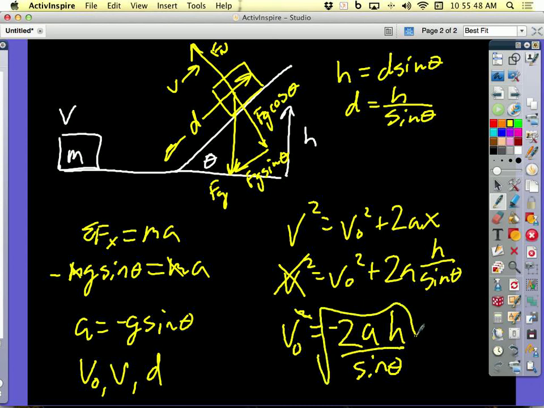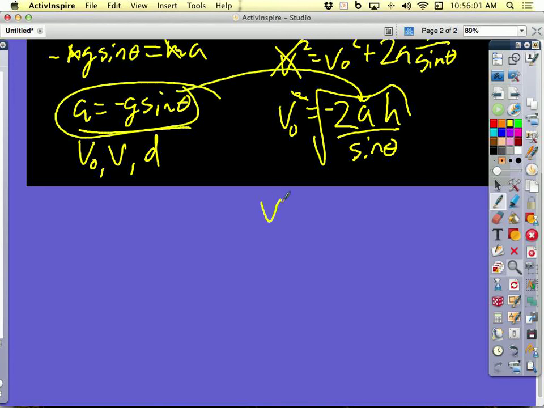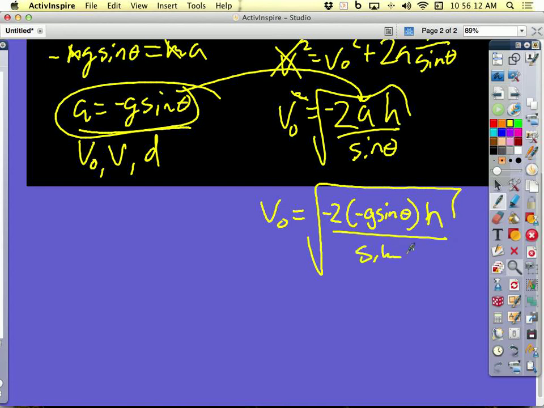And of course, our a was negative g sine theta. And since a is negative g sine theta, I can plug that into this a here. I get v0 is equal to the square root of negative 2 times negative g sine theta h over sine theta.